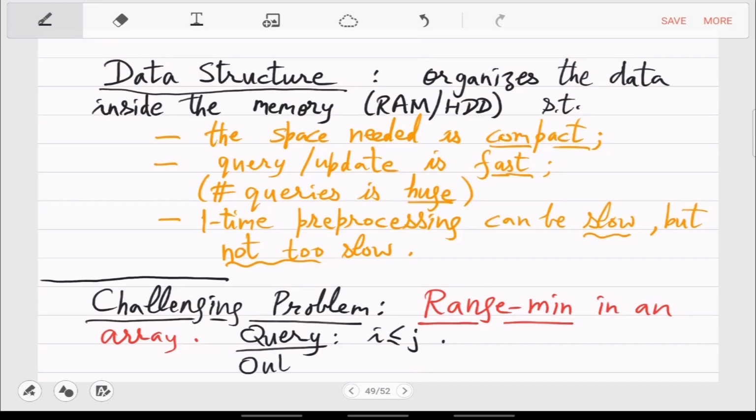And the output that you have to give is the minima in the subarray from i to j. Thus you cannot assume i and j to be some specific values. They can be anything. i and j go from 0 to n minus 1, right? Each of them takes n possibilities, so you have n squared possibilities of query.